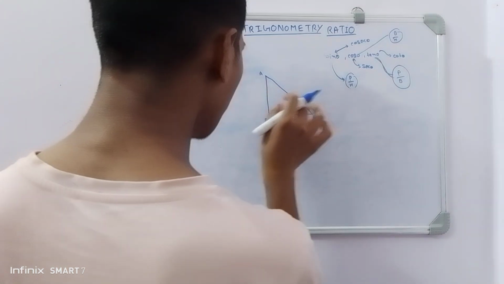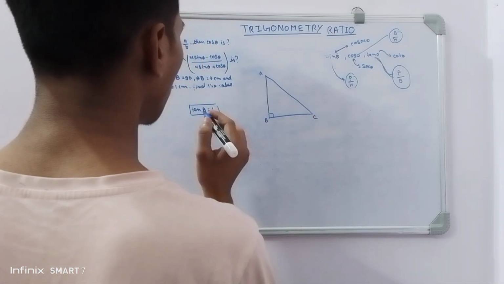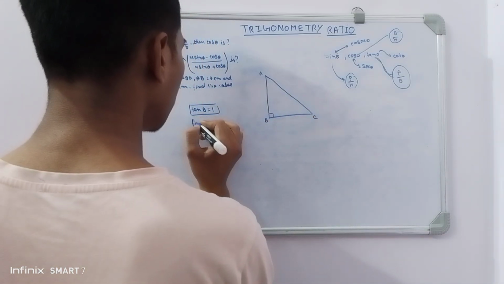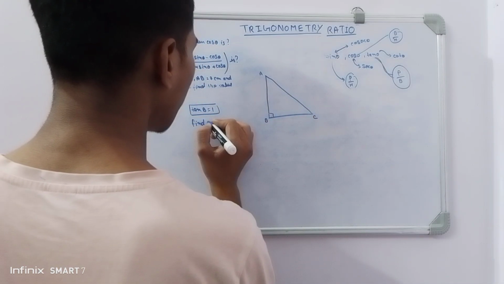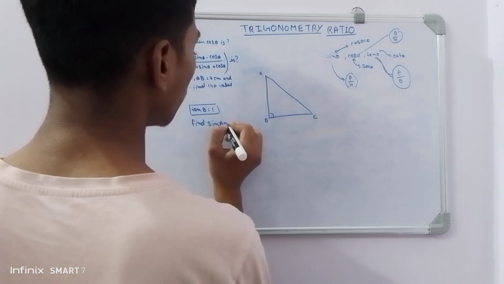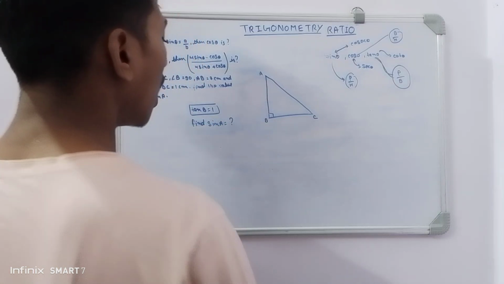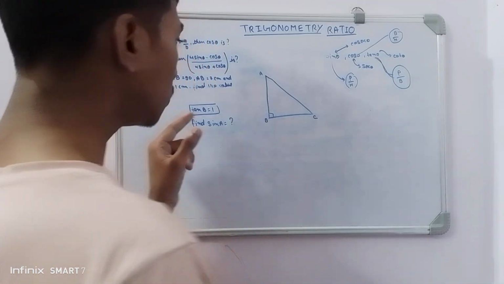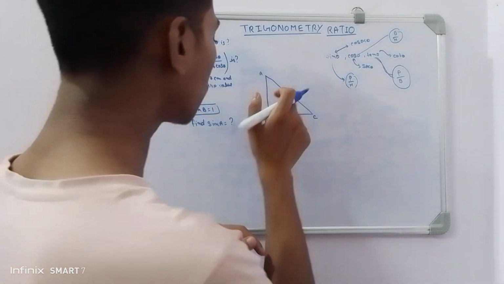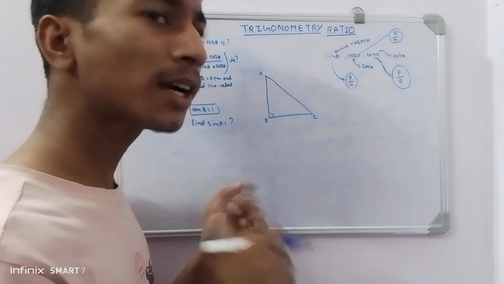For this triangle we have tan of B is equal to 1. Now you have to find sine of A. Sine of A is equal to what? How will you find it?